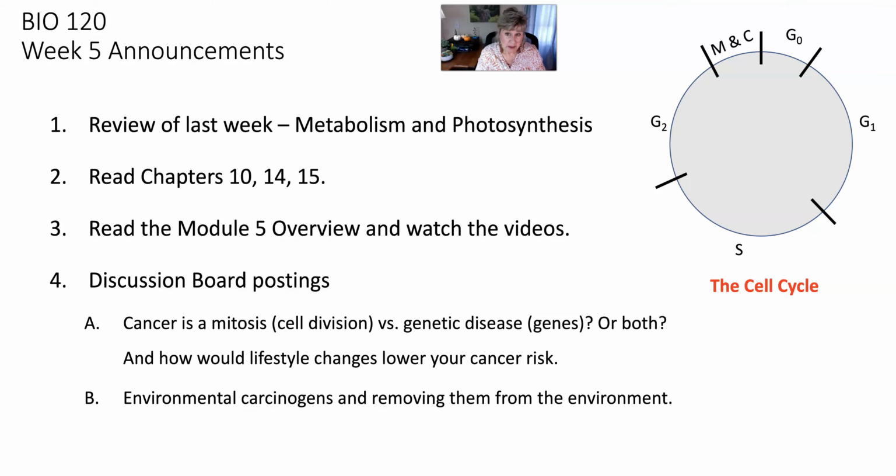Now with cancer cells, they don't stop in G0. I also didn't mention, but there are checkpoints all along these phases. Checkpoints are just stopping places where the cell checks itself and makes sure everything's in order before it moves on to the next phase. Cancer cells don't ever stop in G0, and they ignore all the checkpoints in the cell cycle.